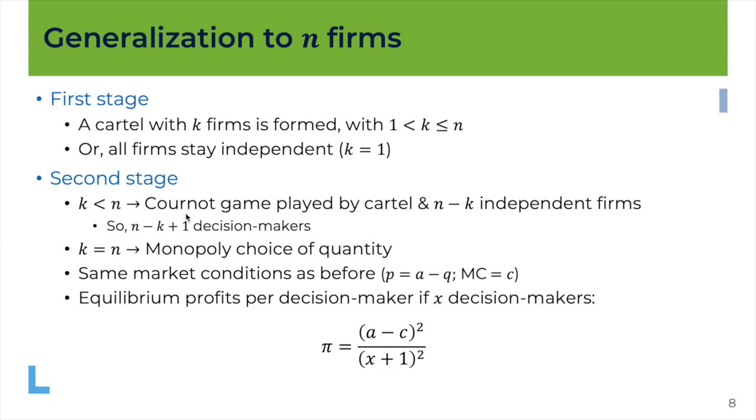In that case, we have a Cournot game, which is played by the cartel, which is a single decision maker, and the other firms that have said no in the first stage. So these are n minus K independent firms. How many decision makers do we have for the Cournot game? We have the n minus K independent firms plus the cartel, which acts as one firm. So we have n minus K plus 1 decision makers.